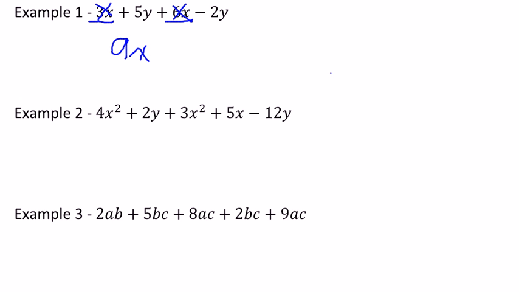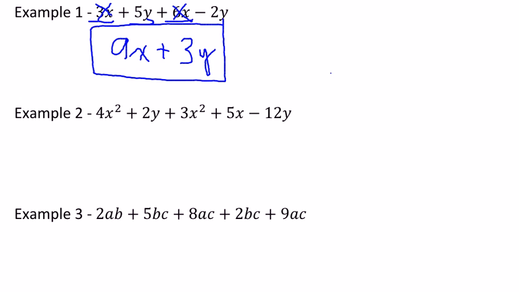And then I look for the next kind of term, which in this case is a y. And so I do 5y. Now the minus there does get applied to the 2, so it's like plus a negative 2. So 5y plus a negative 2y is just a positive 3y. And so the answer to this question is 9x plus 3y.